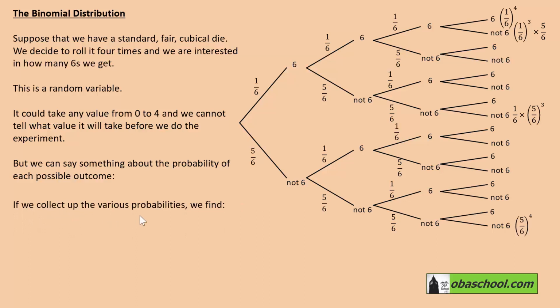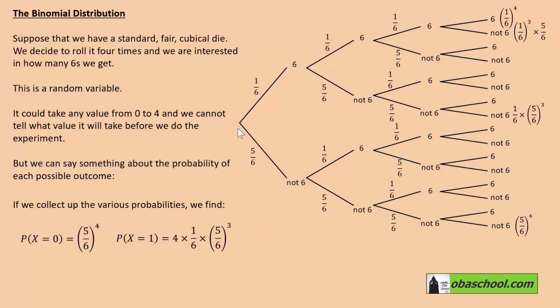If we collect up the various probabilities, we find the probability of x being 0, in other words getting no 6s, is 5/6 to the 4. We can see that on the diagram here by going down these branches. The probability x is 1 is 4 times 1/6 times 5/6 cubed.